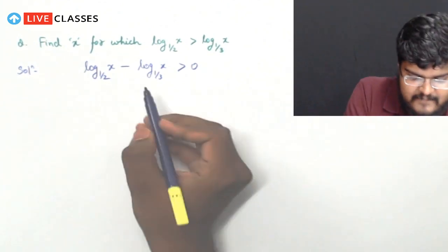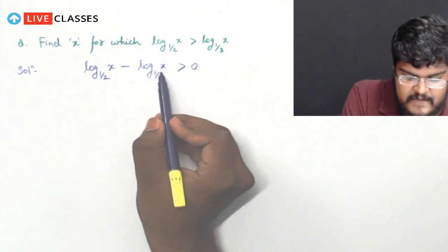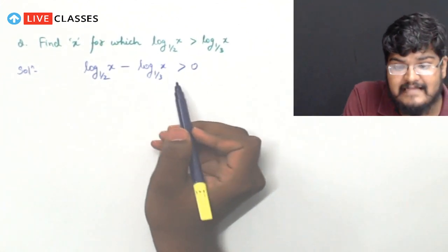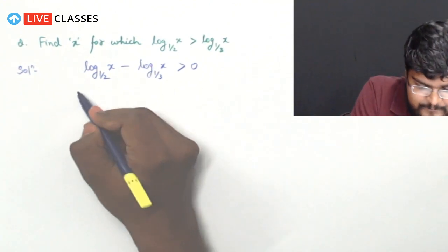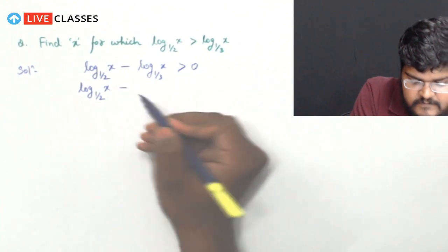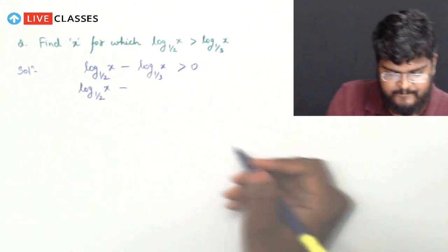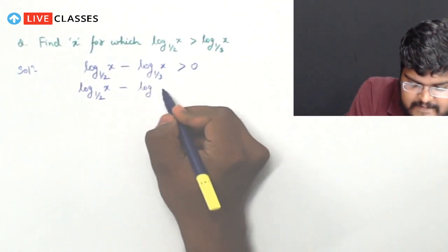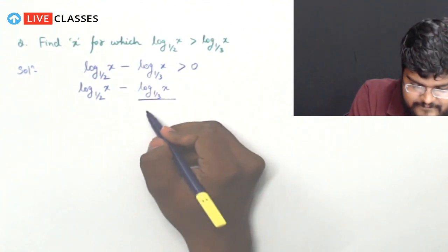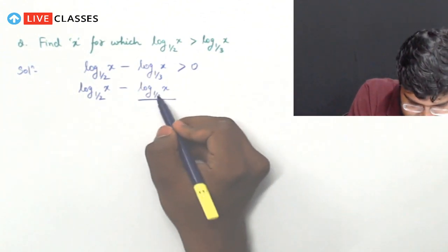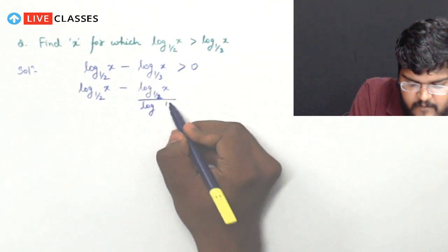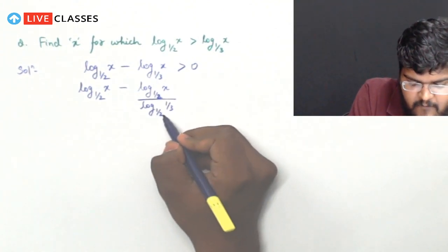So keeping that in mind, what I'll try to do is make the base of log of x to the base 1 by 3 as 1 by 2 only. So what you will get is log of x to the base 1 by 2 minus log of x to the base 1 by 2 divided by log of 1 by 3 to the base 1 by 2.